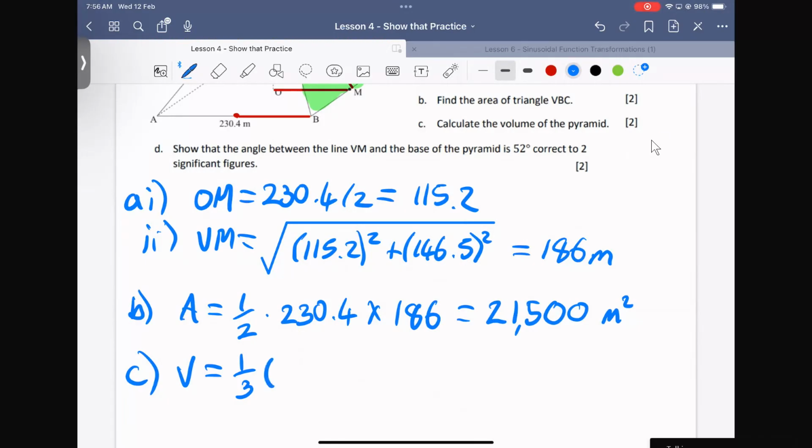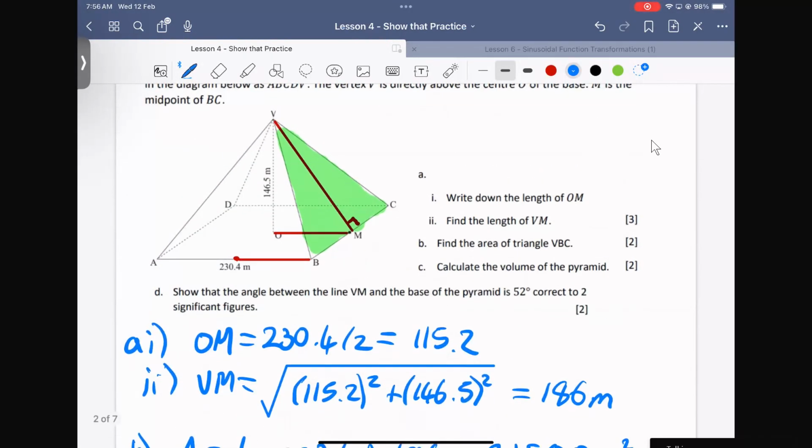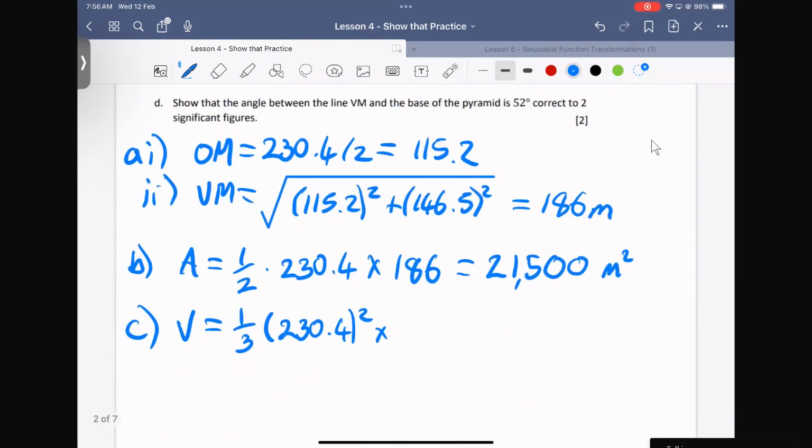So the area of the base is going to be 230.4 squared, and then we have to times by the height of the pyramid, which is 146.5. Type this into our calculator, and if we round to three significant figures, it's going to be 2,590,000 meters cubed.